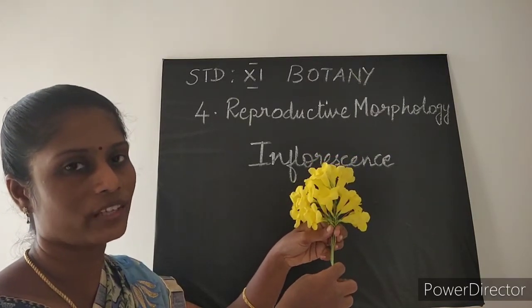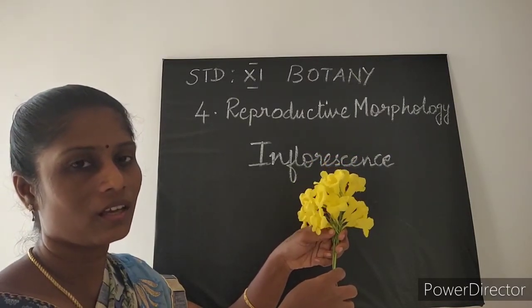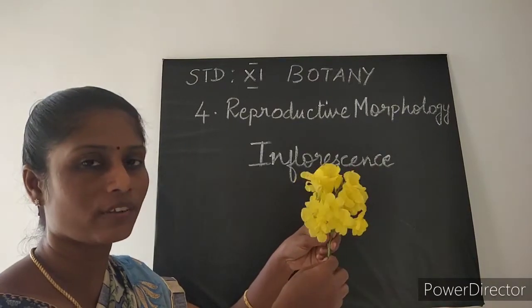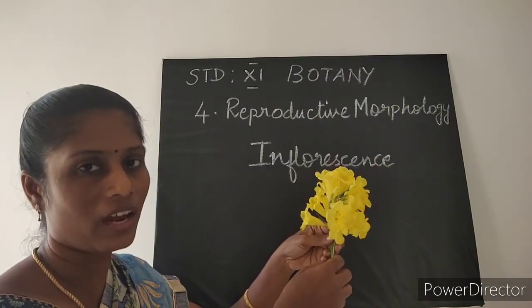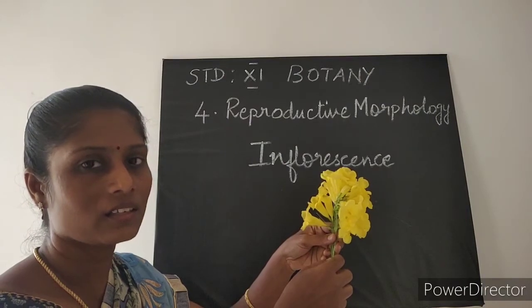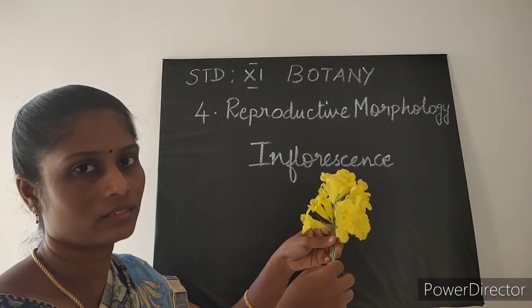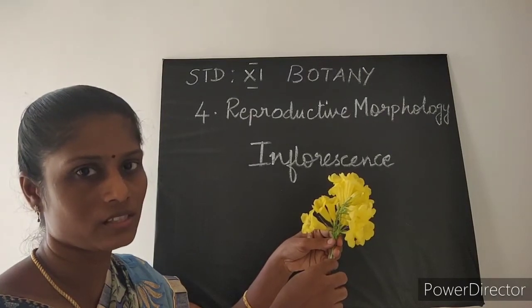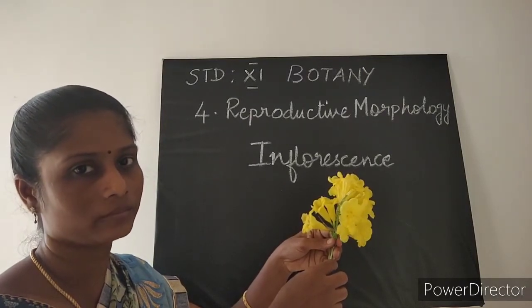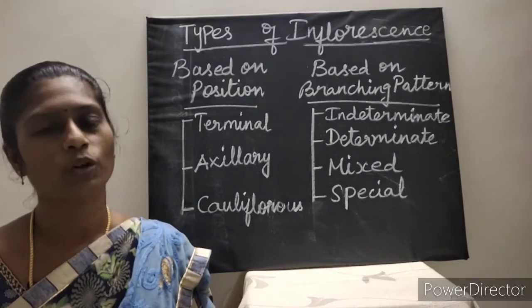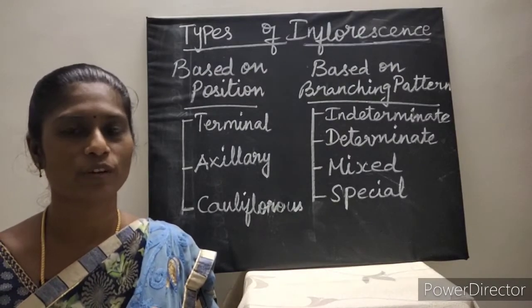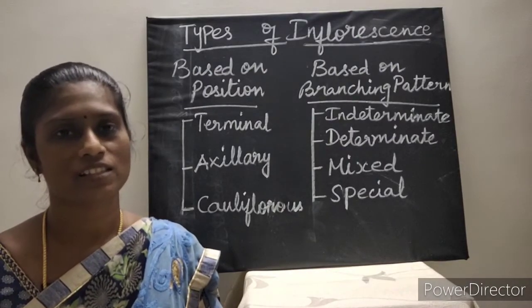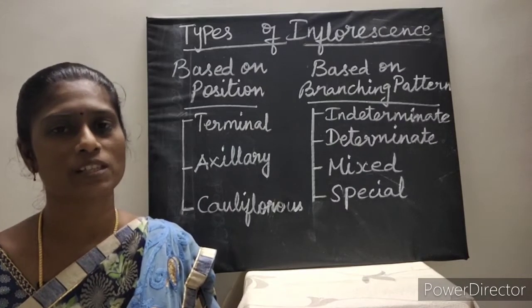The main function of the inflorescence is to display the flowers for effective pollination and facilitate seed dispersal. Come children, let us learn the different types of inflorescence. Have you ever noticed the inflorescence arising at different positions? Where is the inflorescence present in a plant?